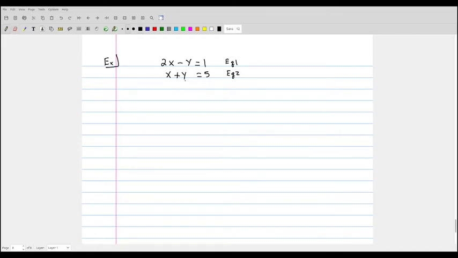I can multiply equation 1 by any value I want. For example, you can multiply equation 1 by 3, in which case my system becomes 6x minus 3y is equal to 3, and x plus y is equal to 5, which has the same solution as this system right here, because I'm not really changing anything.